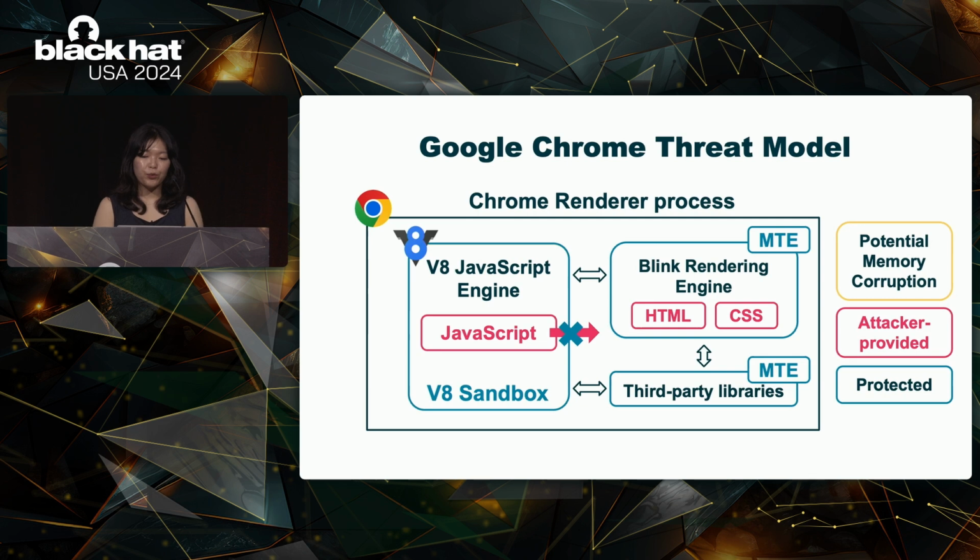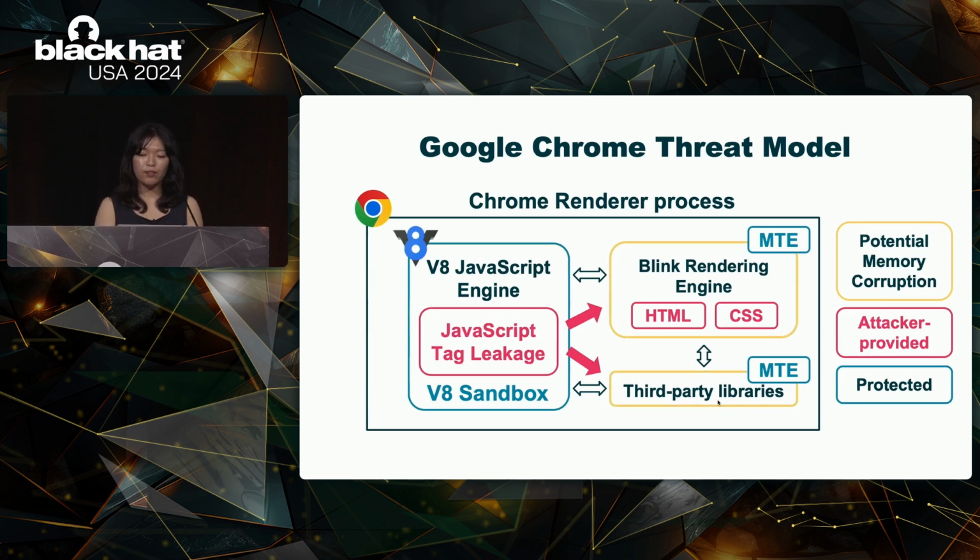And as we assume MTE is enabled, Chrome randomly tags the objects in Blink and third-party libraries, so it does mitigate the memory corruption in those code bases. But although the V8 sandbox prohibits JavaScript from directly corrupting these objects, if we can somehow leak the MTE tags of the renderer memory, we can bypass MTE and exploit memory corruption vulnerabilities.